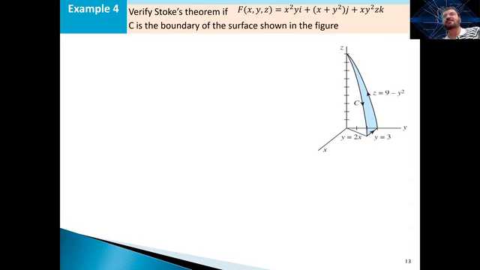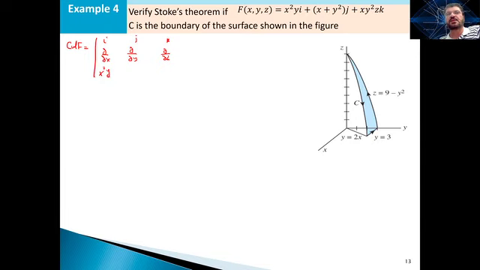Let's look at our last example. Again, Stokes' theorem. Let's look at the gradient. So let's look at curl f. Let me get rid of curl f. I, j, and k. d over dx, d over dy, d over dz, and then you have x squared y.